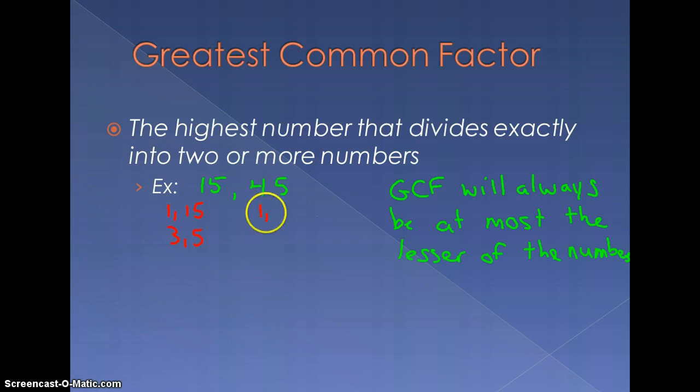Just like in 45, we have 1 and 45. And then we have 3 and 15. And then we have 5 and 9. But if we look, 15 would be the GCF of 15 and 45. It could never be anything greater than 15 because then it would not be a factor of 15. The factors of a number are never greater than that number because they're what are multiplied together to get that particular number.